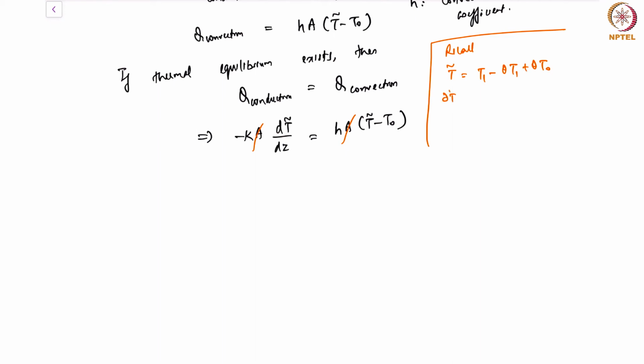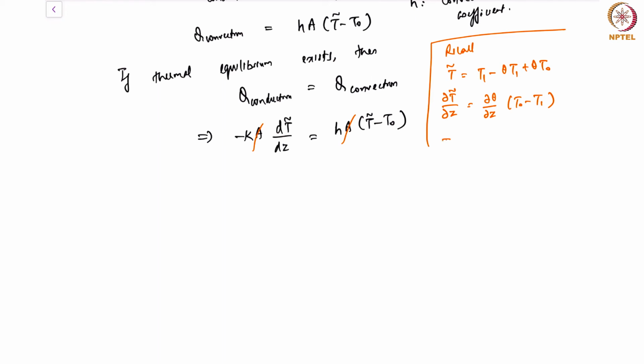Theta was defined as T1 minus T hat divided by T1 minus T0. So to calculate del T by del z, this essentially becomes del theta by del z times (T0 minus T1).